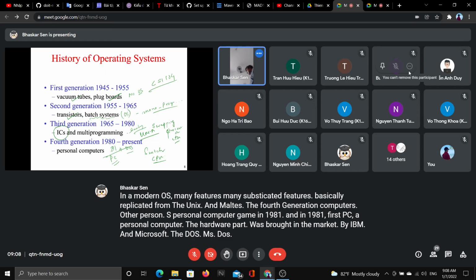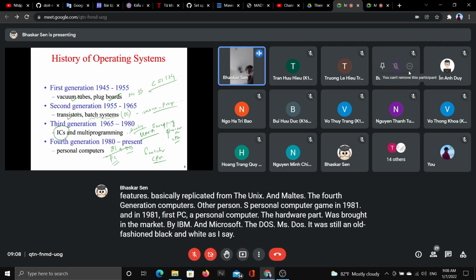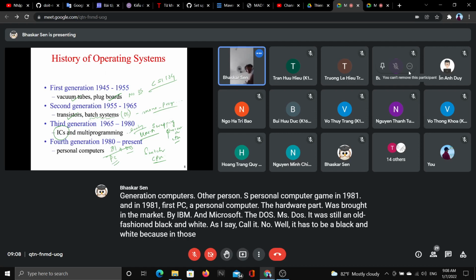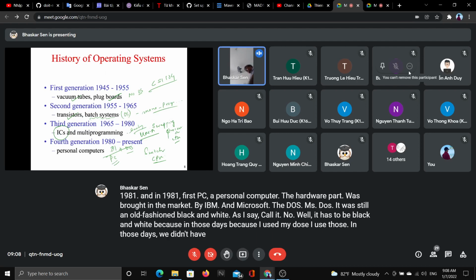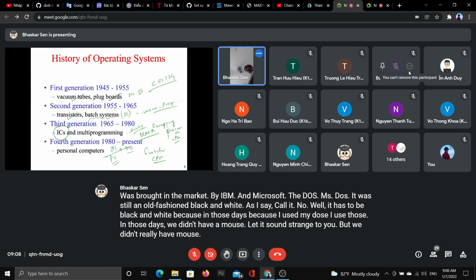It was still an old-fashioned black and white. It has to be black and white because in those days, I used DOS. We didn't have a mouse. Well, it may sound strange to you, but we really didn't have a mouse. The keyboard was the only thing that we had in those days.